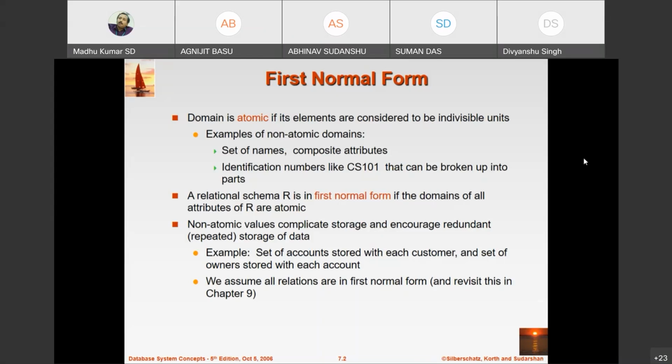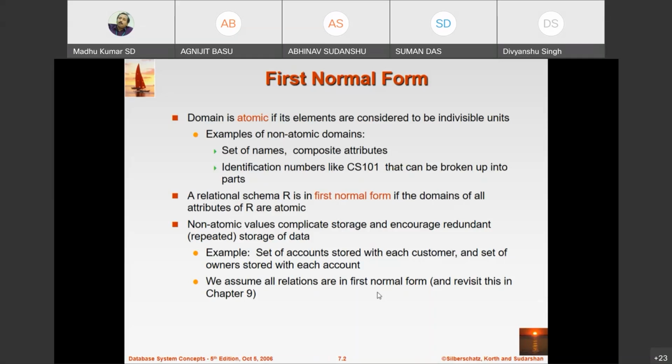If it has further components like house number, street number, email ID, etc., then it is not atomic. By the definition of a set theoretic relation, only atomic values are allowed in a relation.